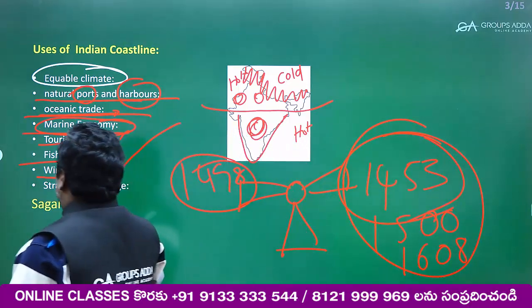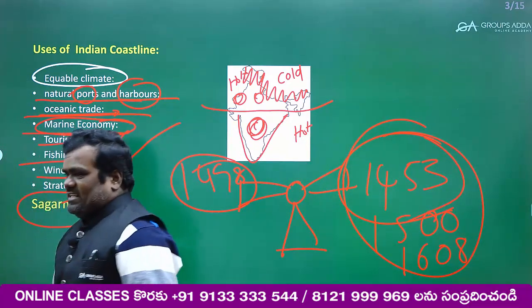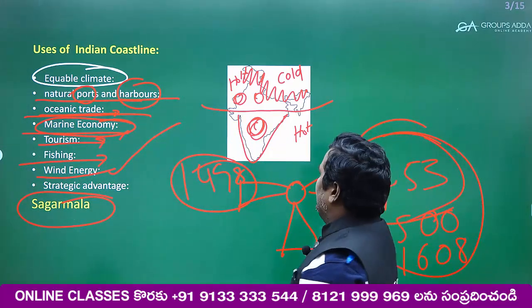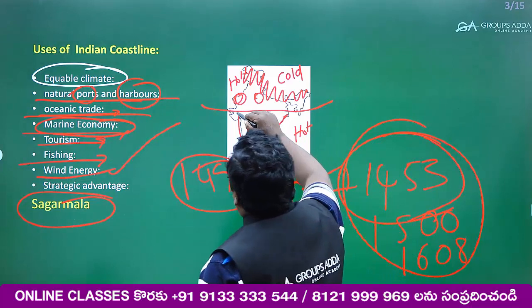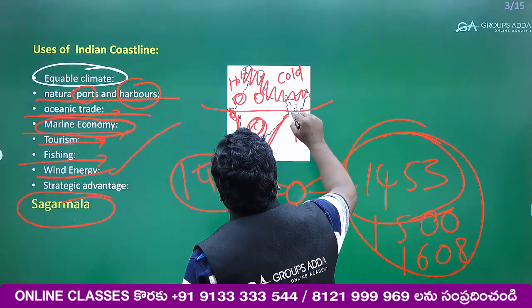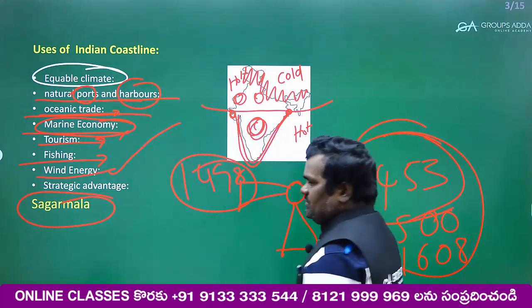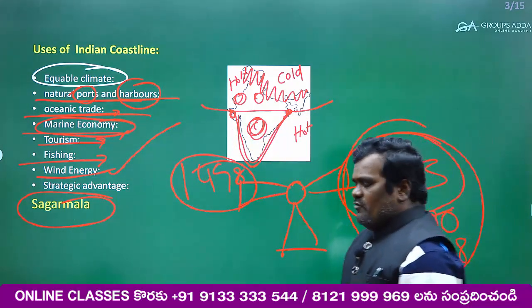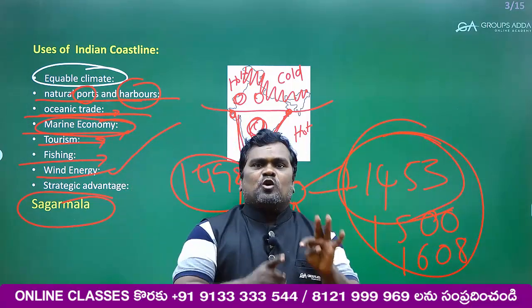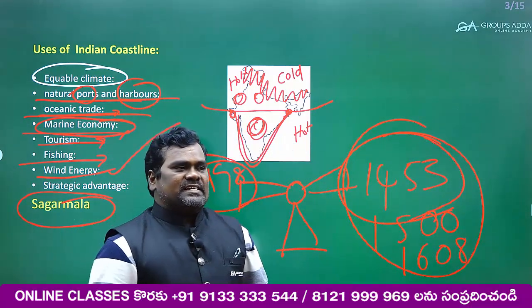Yes, here we have written Sagarmala. What do you mean by Sagarmala? See, my dear friends, from Gujarat onwards up to Kolkata, we are developing ports, we are developing coastal plains, isn't it?